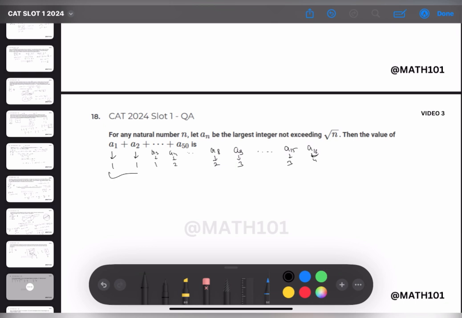So a1 to a3, there are 3 numbers which have value 1. a4 to a8, the next 5 would have a value 2. The next 7 would have a value 3.